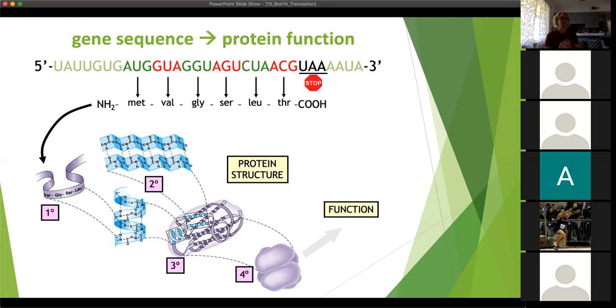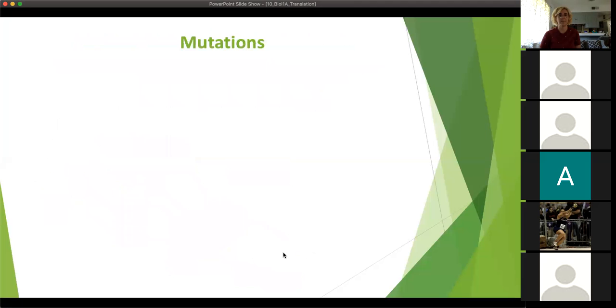We may get disulfide bridges. We may get additional hydrogen bonding between some of the different R groups. And if we have multiple subunits that make up a protein, we can eventually get this quaternary structure. But depending on the protein, if it's a single subunit protein, that tertiary structure will give us the function. If it's the quaternary, then we'll get the function once we put all of the subunits together.